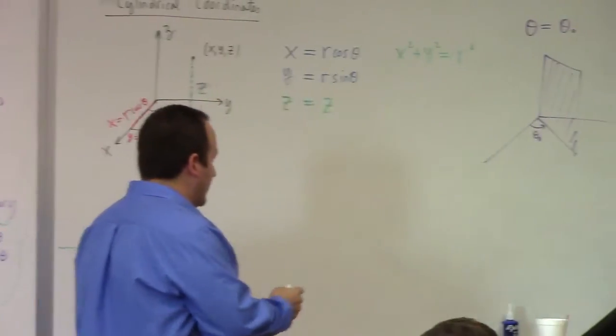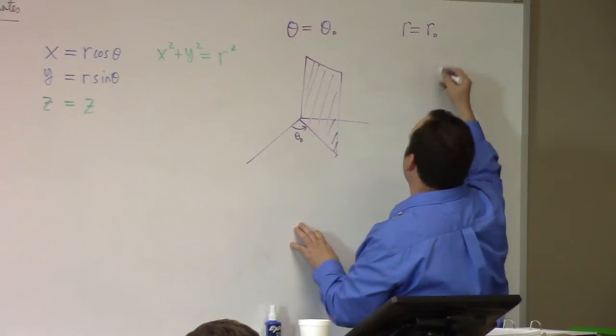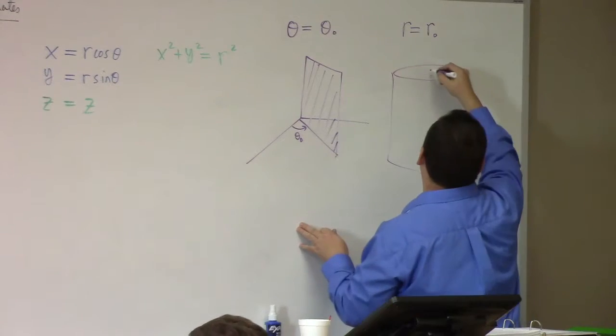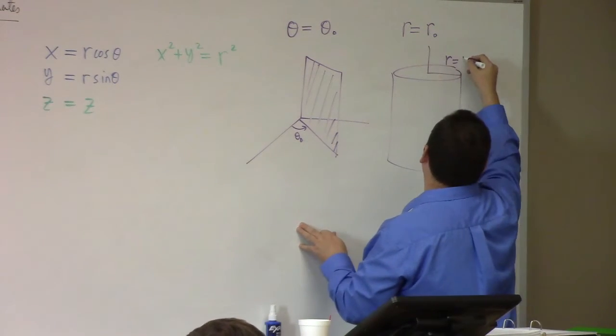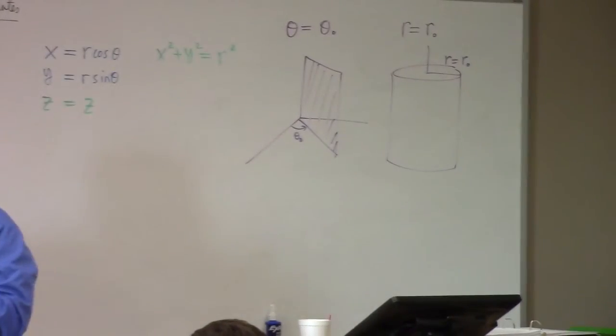How about, what if you look at r equal to a constant? What's that? All right, that's a cylinder with radius r naught. So what if you want to parametrize a cylinder?